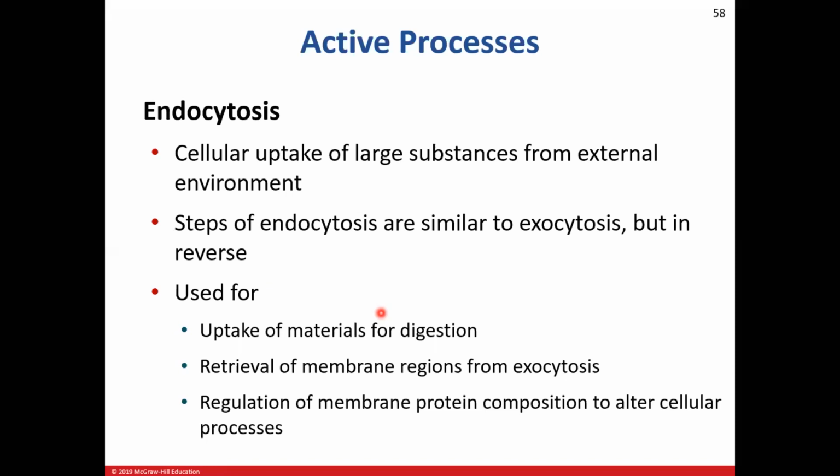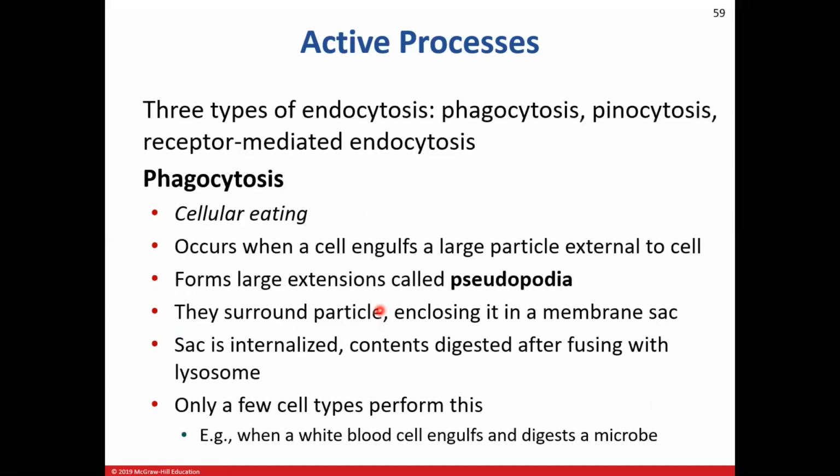A few reasons we would have endocytosis would be for the uptake of materials for digestion, so things that the body or the cells need to break down. The retrieval of membrane regions from exocytosis, so things that need to get pulled back into the cell. And the regulation of the membrane protein composition that needs to be altered for cellular processes.